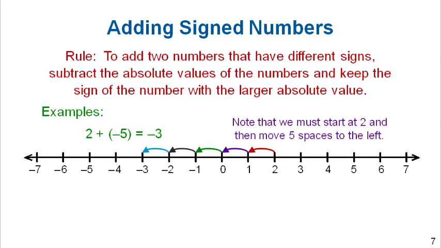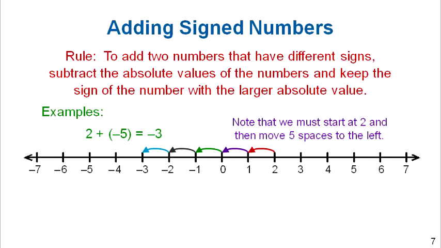To add two numbers that have different signs, you can subtract the absolute values of the numbers and then keep the sign of the number with the larger absolute value. For example, to add 2 plus negative 5, you could begin by noting that the absolute value of 2 is 2, the absolute value of negative 5 is 5, and 5 minus 2 is equal to 3.